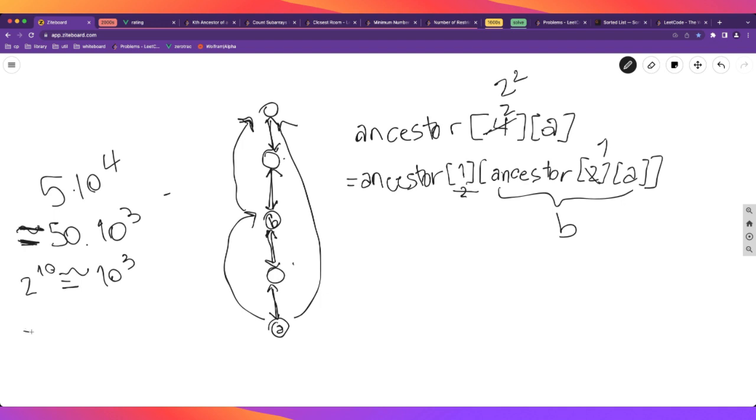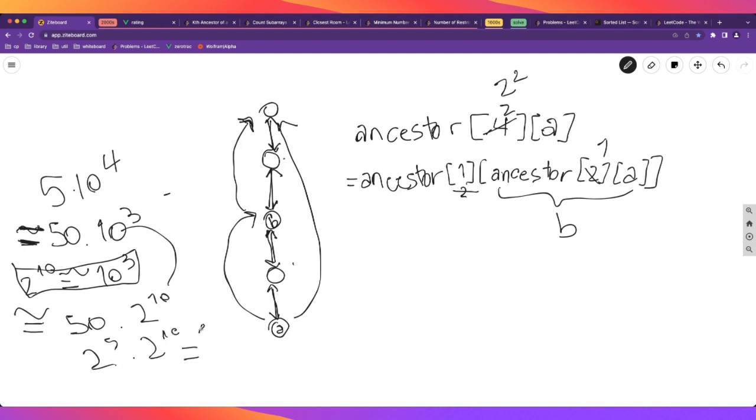So here this is 50, and the biggest power of 2 that does not exceed 50 is 2 to the 5, so 32.